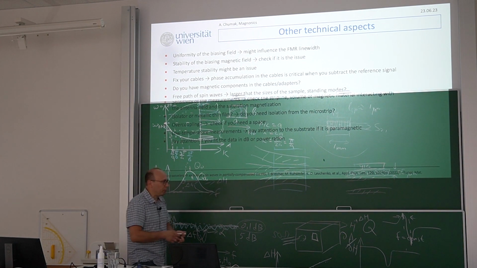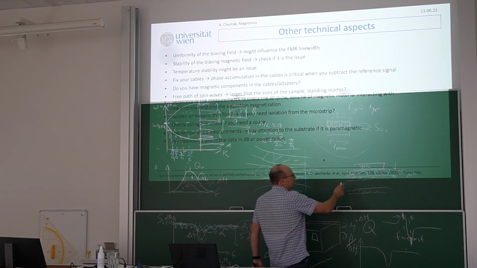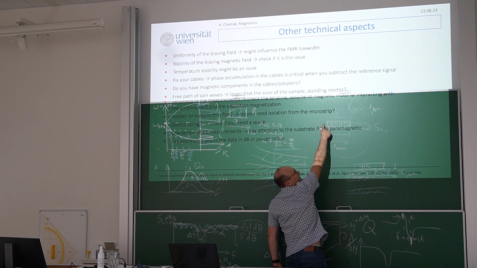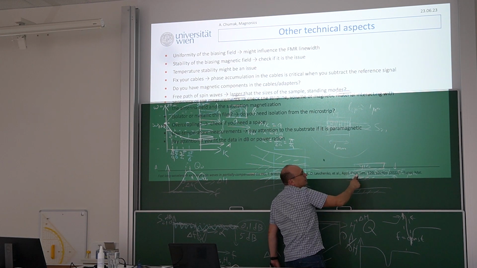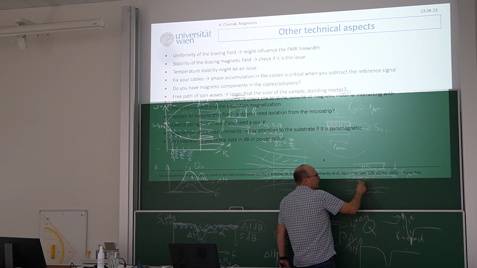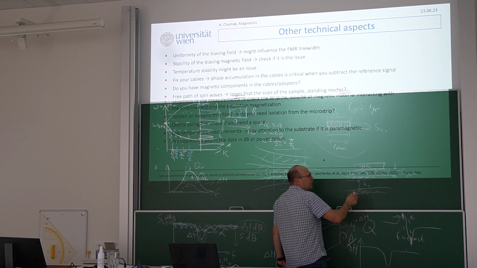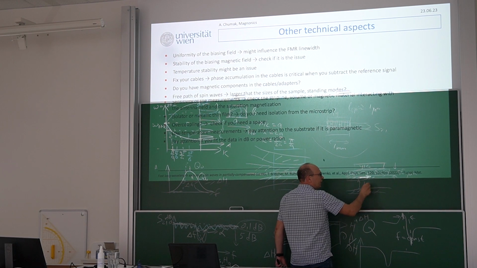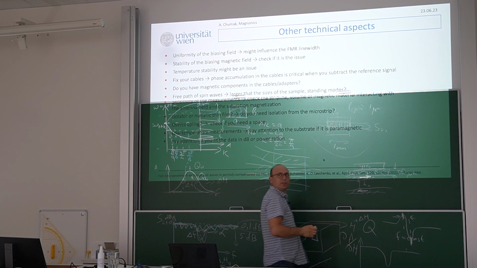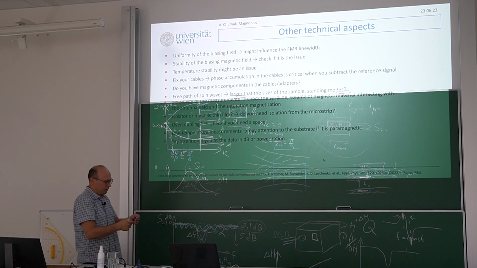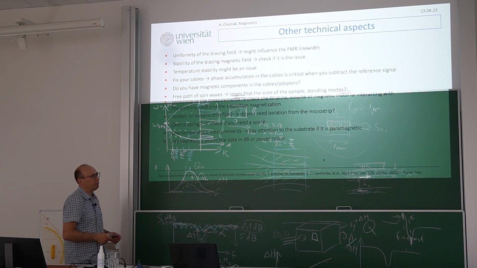It's a proper strip line, and as I have shown, this is a side view of the strip line on which we put the sample. This is a top view, and this is the side view. But you see here is metal, and here some thickness of dielectric. So we always have current flowing in one direction here, and in the opposite direction in the ground. That's a very good question and a very important point: keep in mind that you need to have a proper strip line.